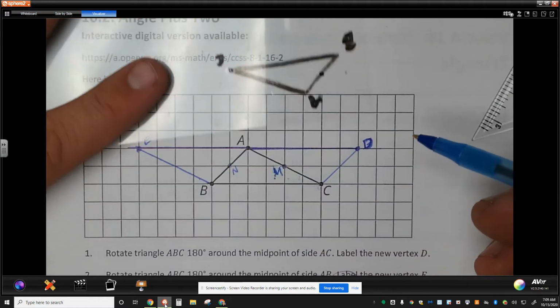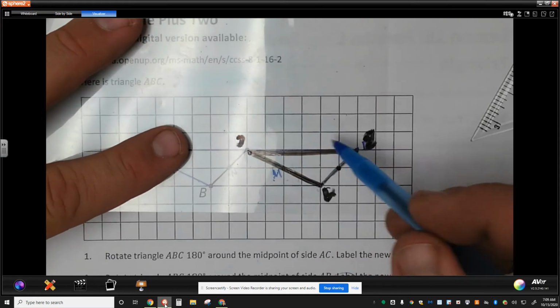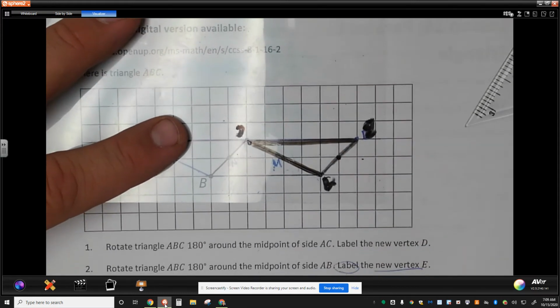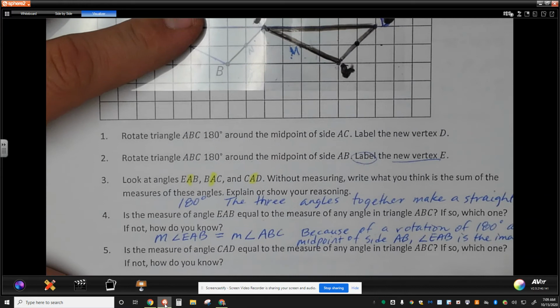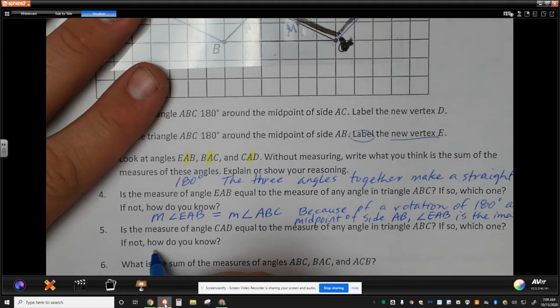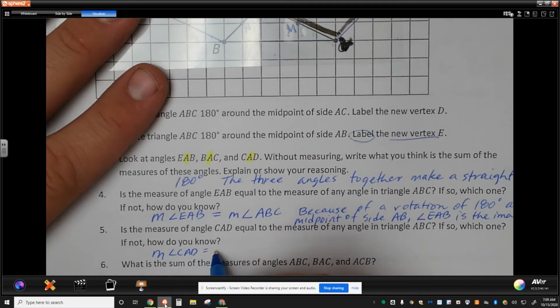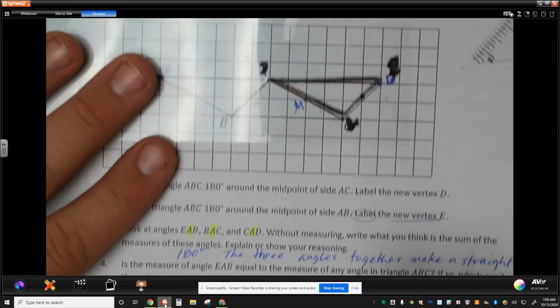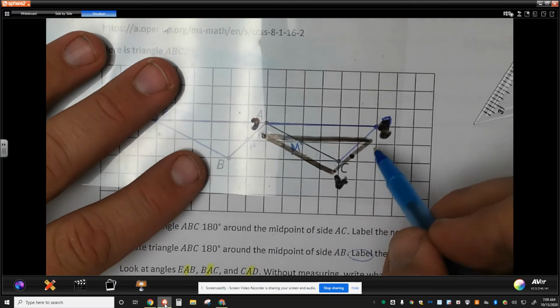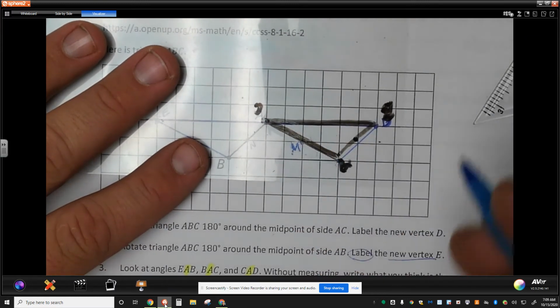Oh my goodness. Yes, CAD. So we can use basically the same exact wording here, except we would say the measure of angle CAD is equal to the measure of angle, and let's look back at it, CAD was angle ACB.